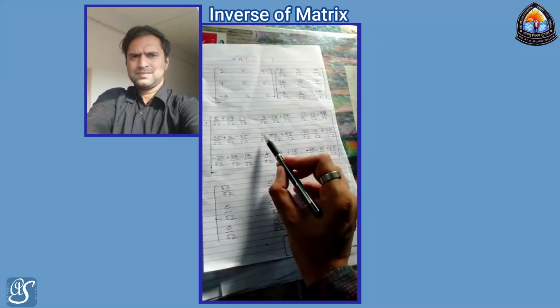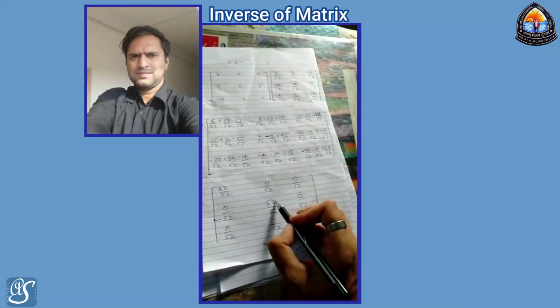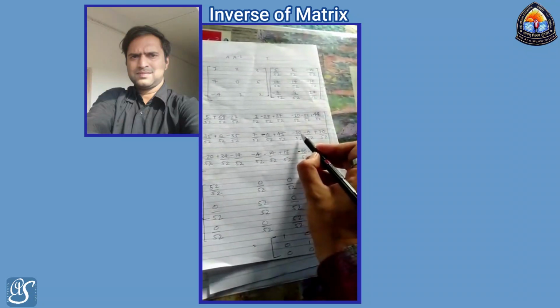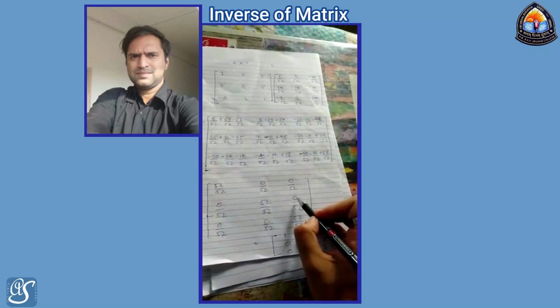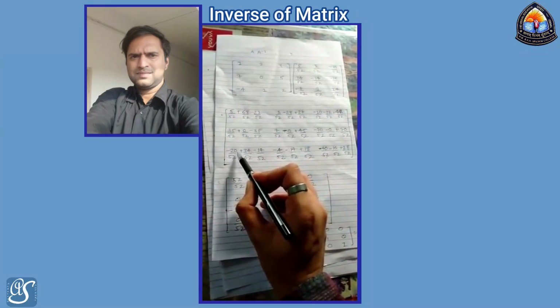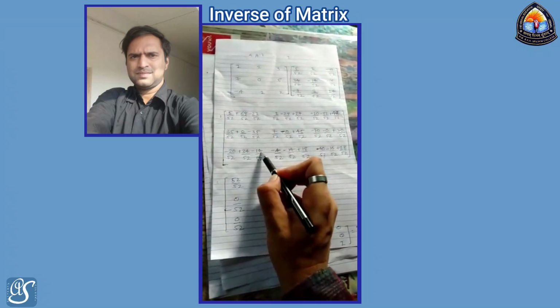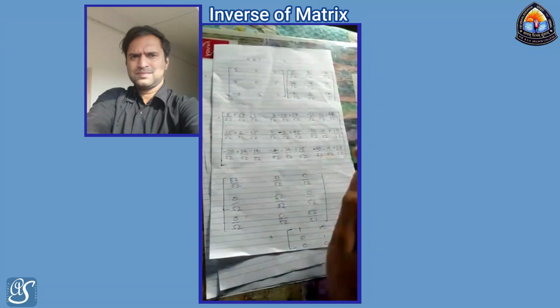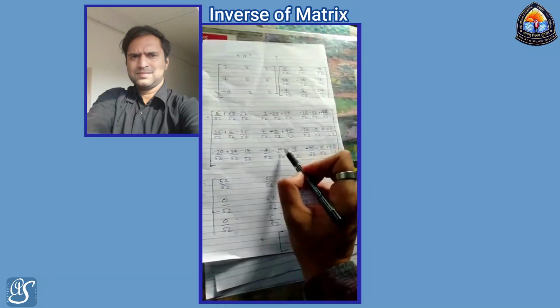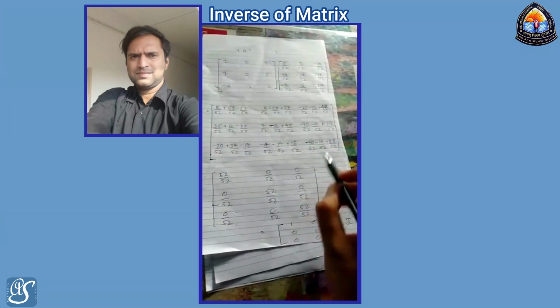Second row, second column, 7 plus 45, 52 upon 52. Second row, third column, minus 70 plus 70, 0 upon 52. Third row, first column, minus 20 plus 34 minus 14, 0 upon 52. Minus 4 minus 14 plus 18 means minus 18 plus 18, 0 upon 52.